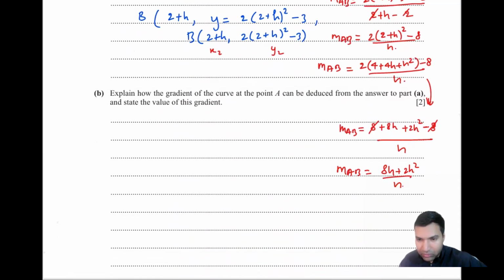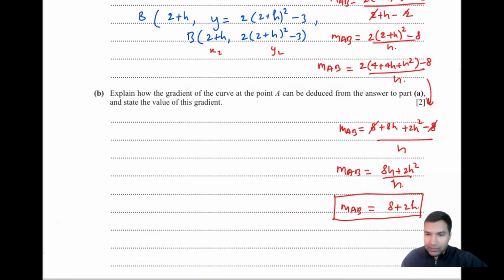Now I can cancel out the common h over here. So I basically get 8 plus 2h. So this is the gradient of the chord AB. So m of AB is equal to 8 plus 2h, and this is what we got the gradient of the chord as.